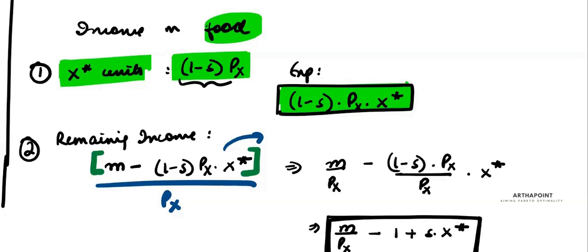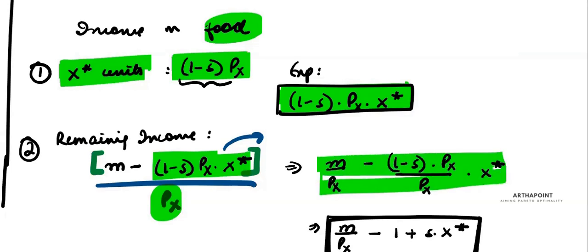After doing this, his remaining income will be income minus what his expenditure has been on good X. And once we understand that, whatever his remaining income is, if he is spending all his remaining income on X, this is going to be divided by PX. So you can get this amount.